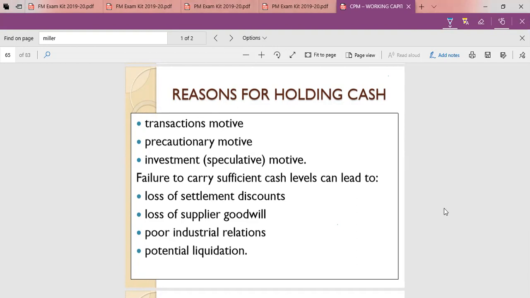Speculative motive is another one. With the speculative motive, they speculate that some benefits can be derived. For example, sometimes we see discount offers extended by the suppliers or various stakeholders, or if material is purchased in bulk, or if the payment is made immediately, some discounts can be availed.